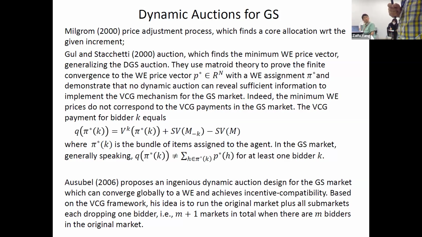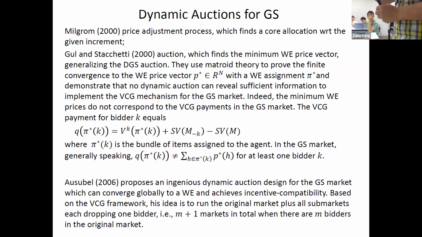It actually has nothing to do with GS. For any market, if you allow each individual to demand more than one item, you can easily have this kind of thing. Normally you would have the impression that, as long as you can find the minimum price vector, strategy-proofness is in some sense done, right?